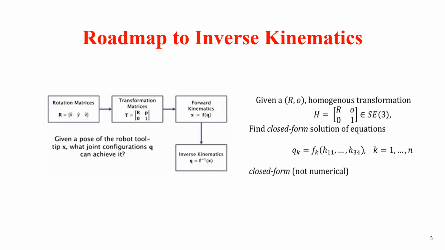Using the transformation matrix, you will get this relation, that is forward kinematics, x is equal to f of q, right? So if you are given x, taking the inverse of it will give you the joint coordinates.